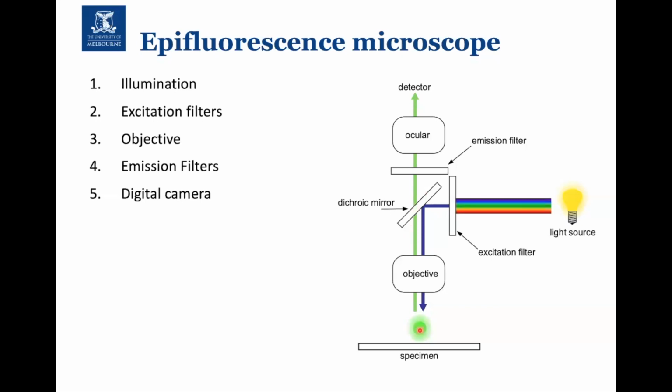That's going to excite the fluorophores within our sample, and then we're collecting the fluorescence that's being emitted from that sample back up through the objective, through the dichroic mirror, through an emission filter, and then up to the eyepiece or to a camera. So we're going to focus on the illumination, the excitation filters, the objective, the emission filters, and the digital camera.